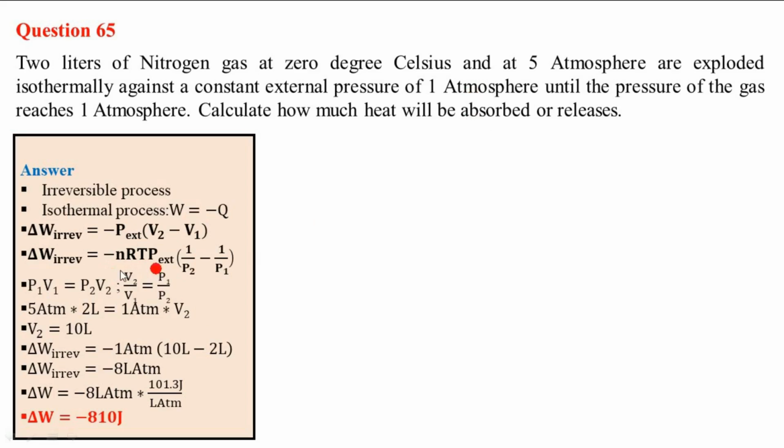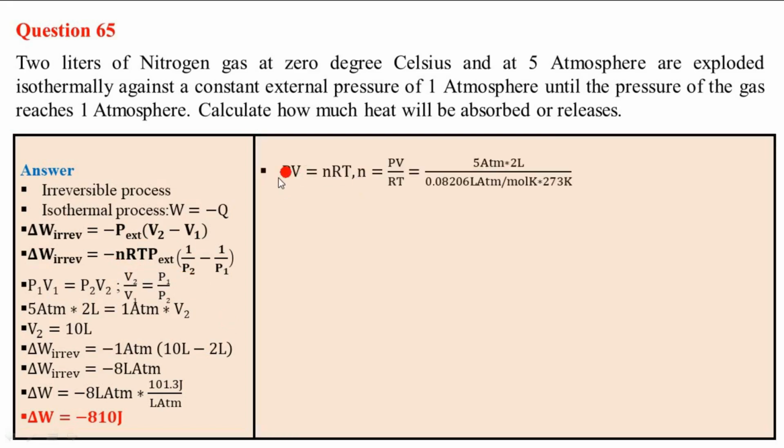We can also use this formula, because we have the initial pressure and the final pressure, until the pressure reaches 1. We can calculate the number of moles first and then use this formula. So PV is equal to nRT. That means the number of moles is equal to PV over RT. The pressure is 5 atmosphere.